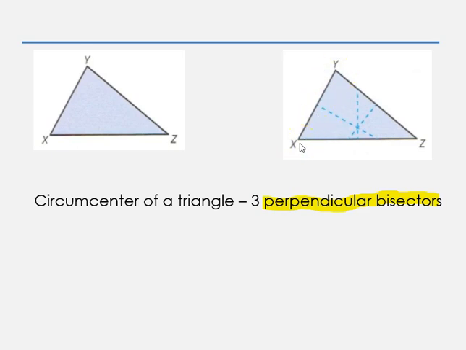You can do this with your compass as a construction. You can also do this with your protractor by measuring the segment length, dividing it in half, and then drawing a line that is 90 degrees.